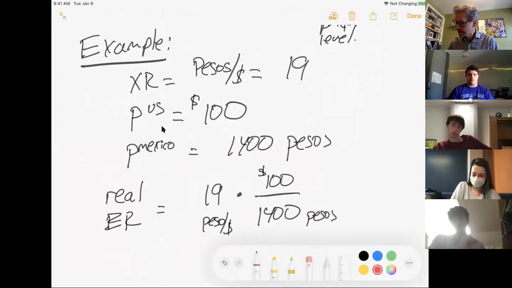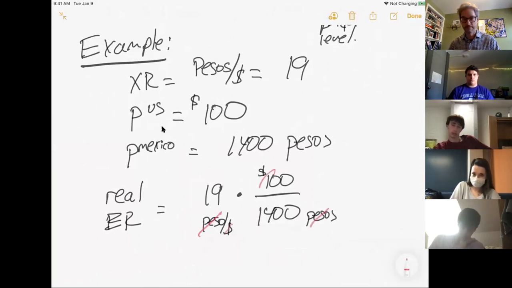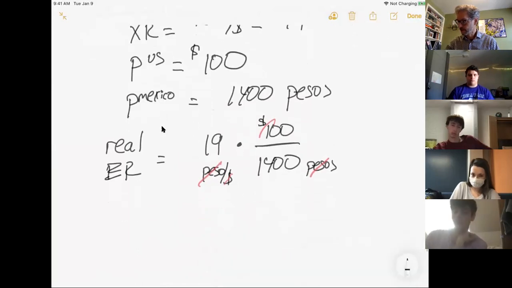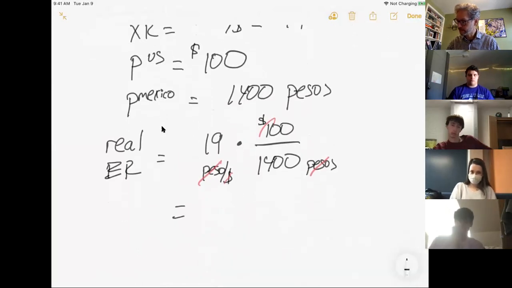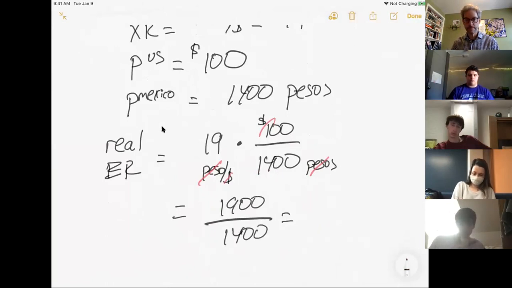Notice here that these units all cancel out, right? And so what do you get? 1,900 divided by 1,400, or what is that?